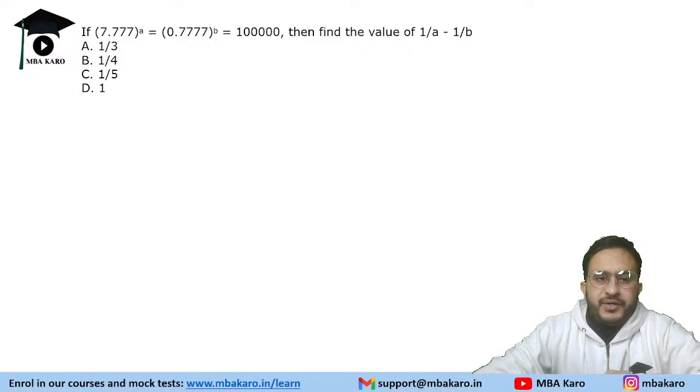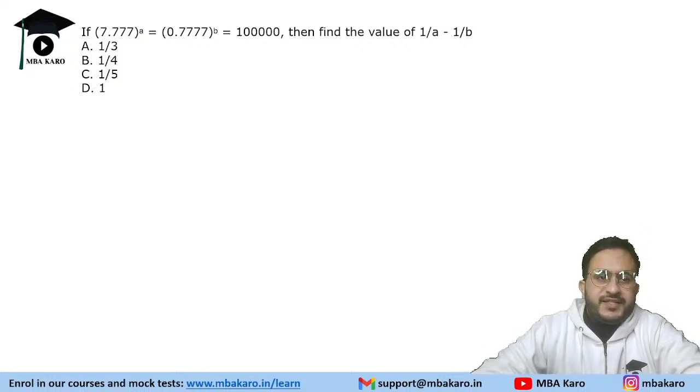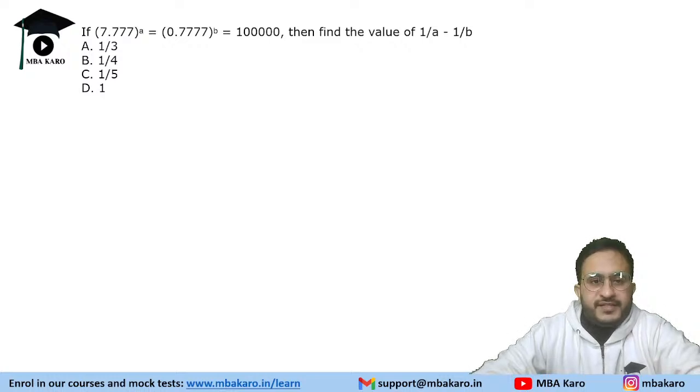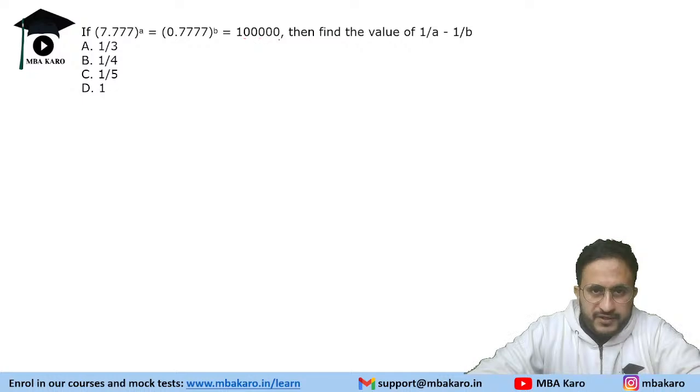Okay, so we have a question like 7.777 raised to the power A is equal to 0.7777 raised to the power B is equal to 1 followed by 5 zeros.